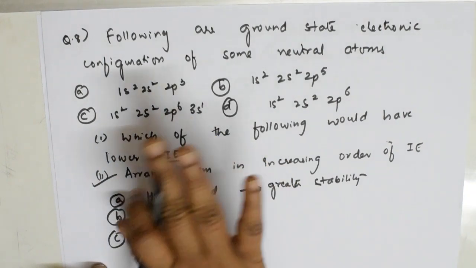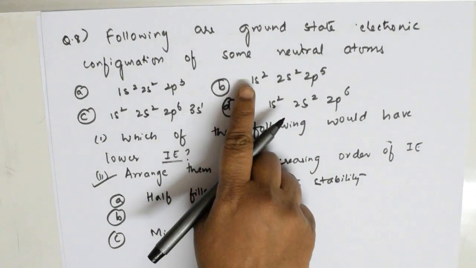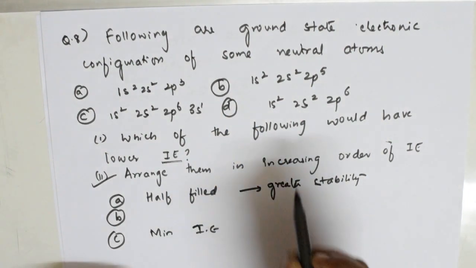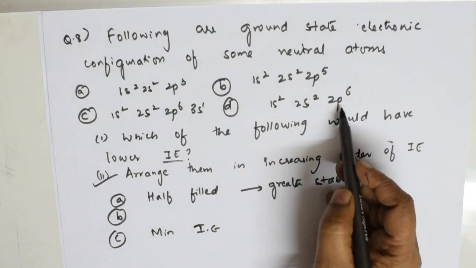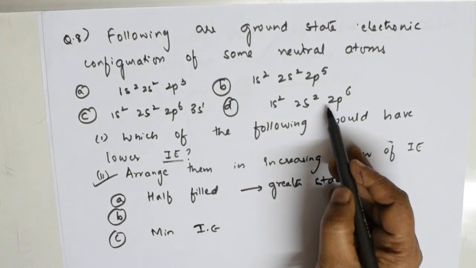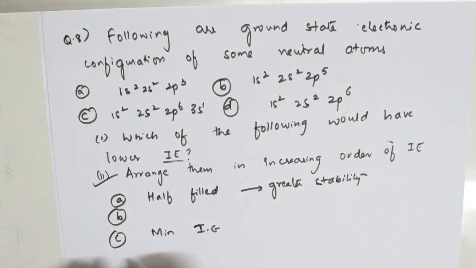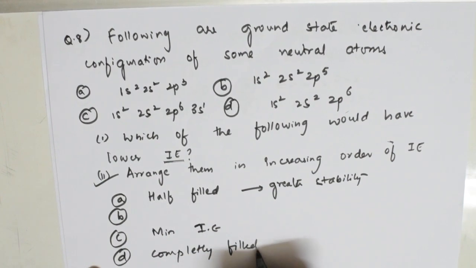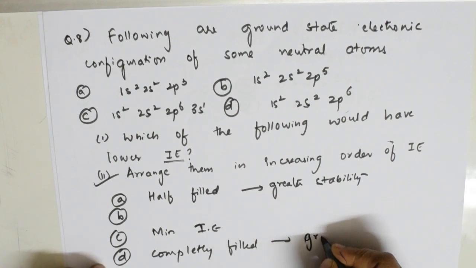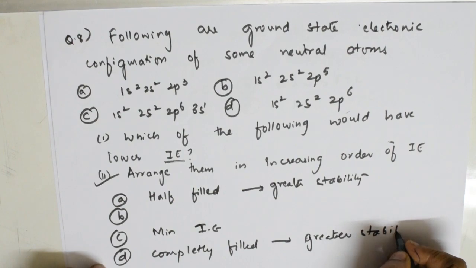Now I have to speak in terms of B and D. This also has the three KLM shells, but D is completely filled, 2p6. If it is completely filled or half filled, the stability will be greater, because both half filled and full filled are stable.